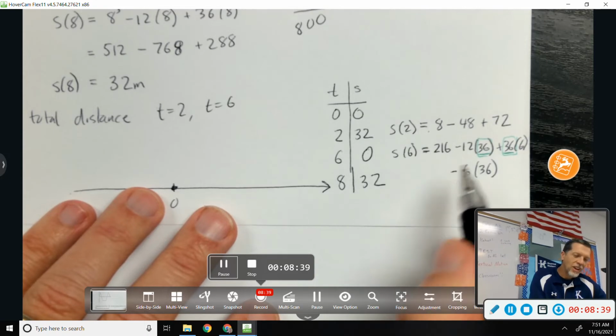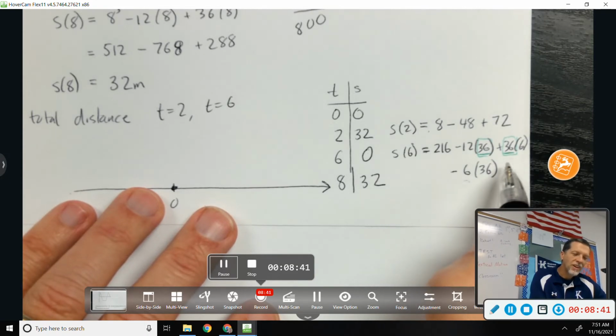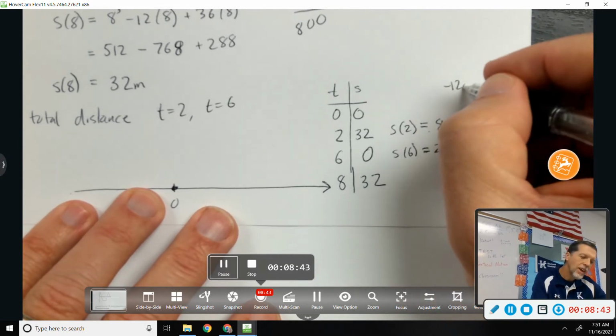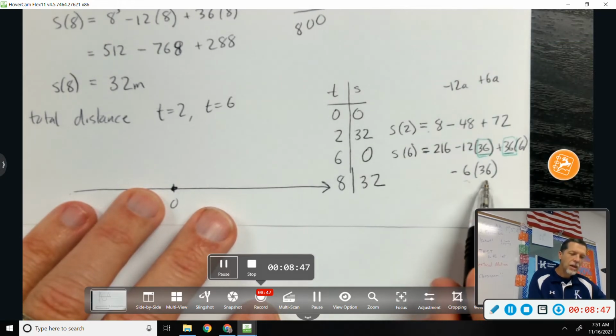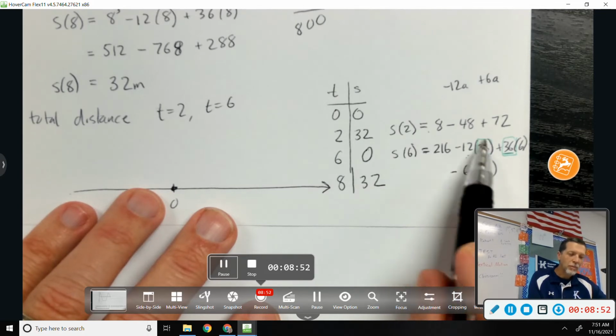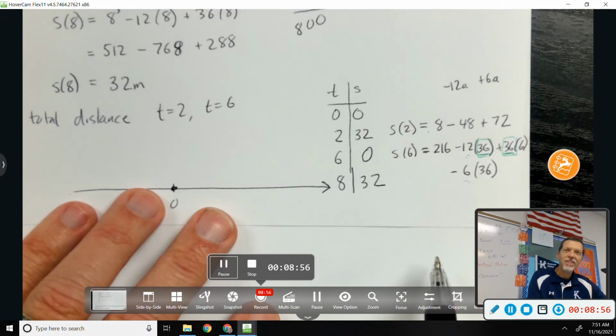I used the distributive kind of property there. It's like I had negative 12a plus 6a is negative 6a, but a happens to be 36. Rather than have to multiply both of those out, I did an algebra step first.